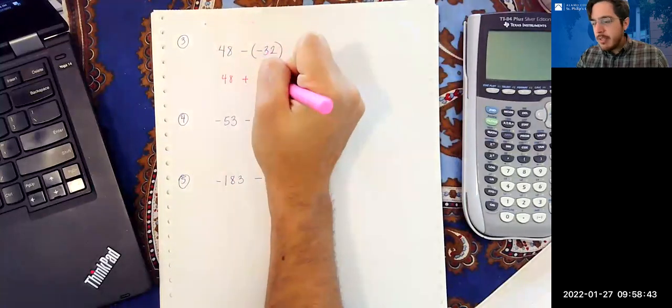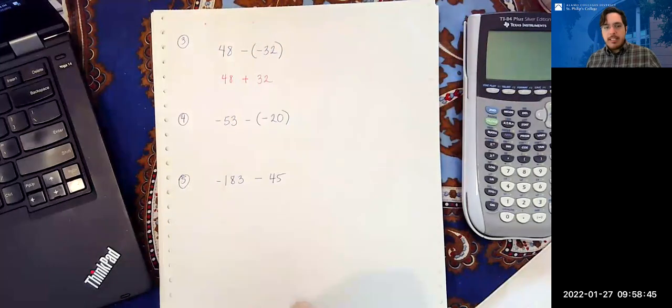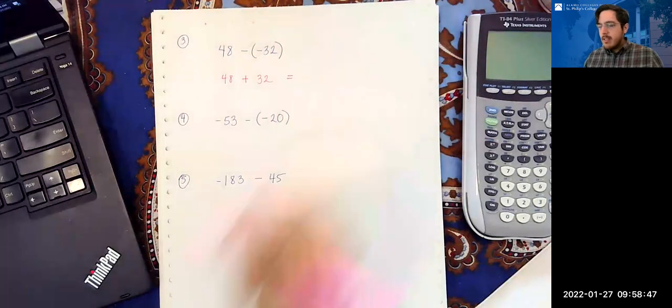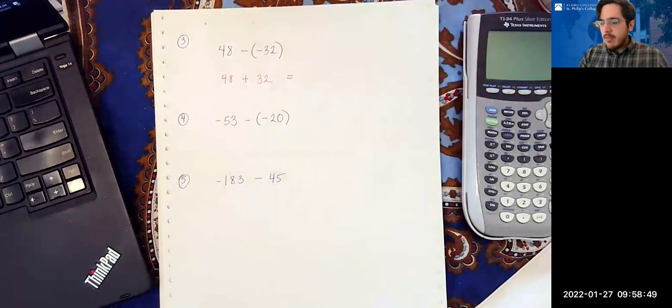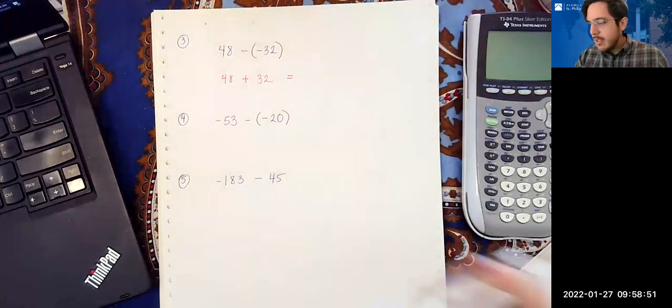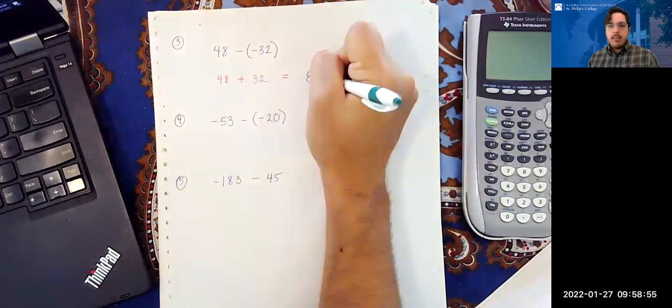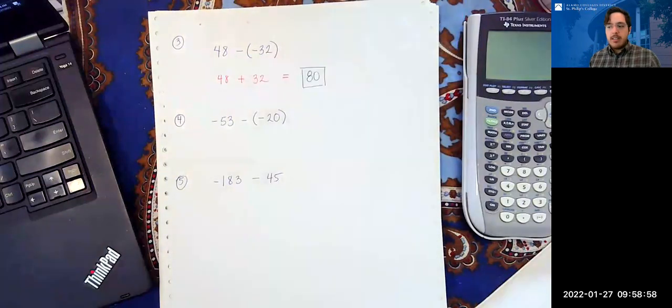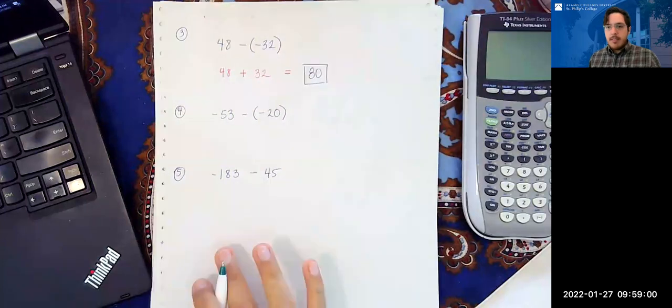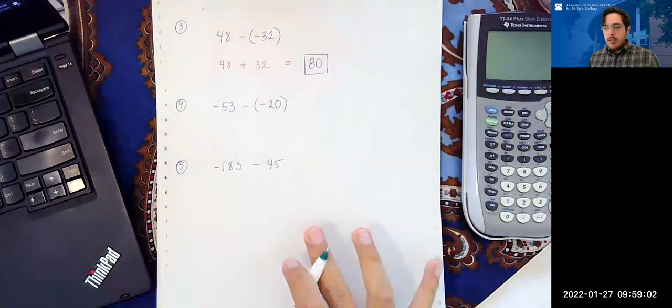And then that's just straight up addition with positive numbers, right? So what should my answer be? 80. Yeah, so this will be 50, and then we have a 30, so we should get 80 for our answer. Any questions about that one? No. Okay.